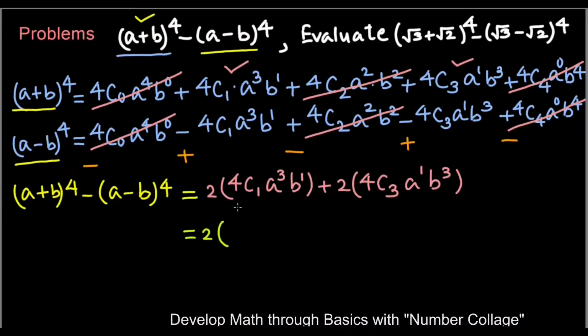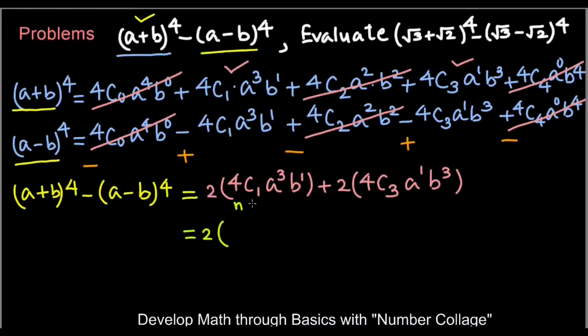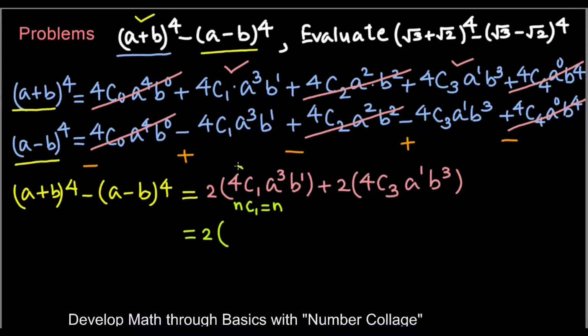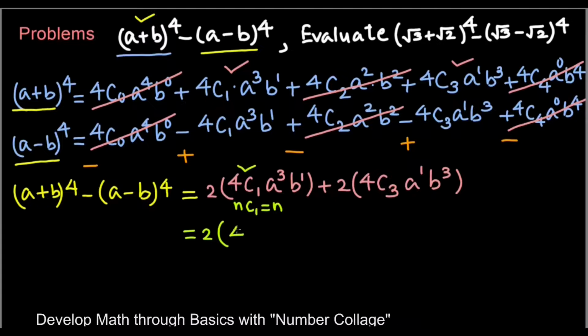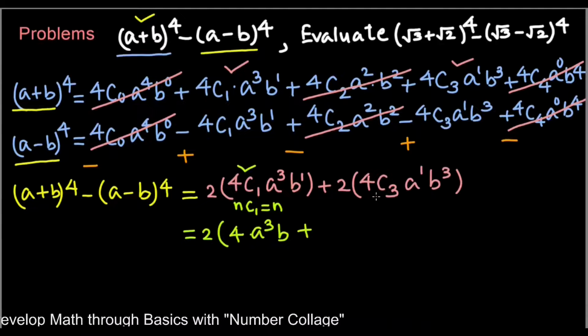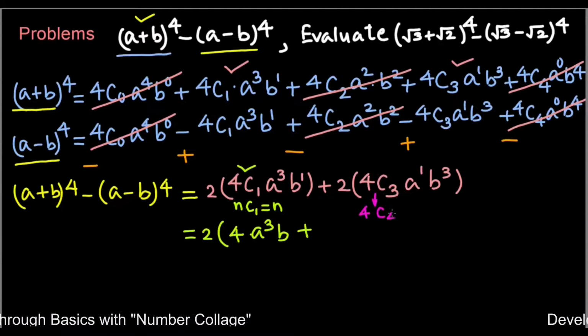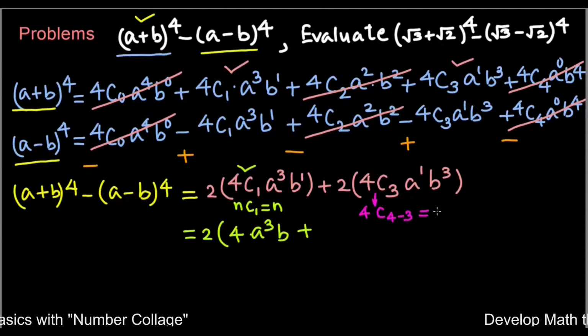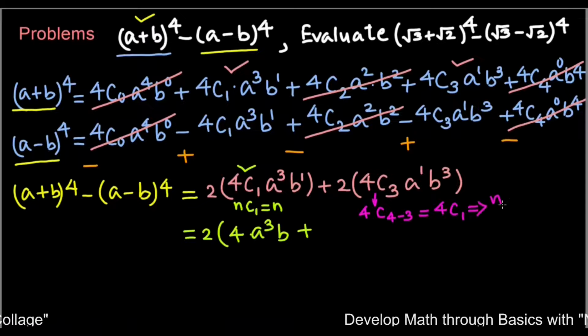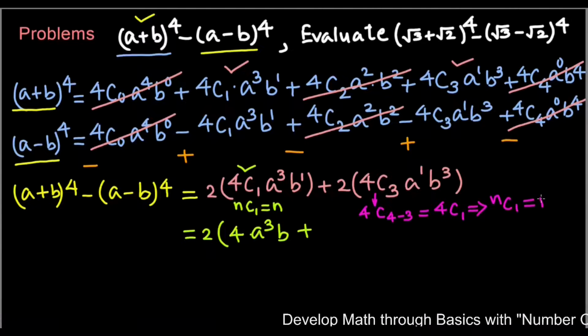Now this 4C1 is similar to nC1, which we know is n. So 4C1 will be 4 a^3 b, plus, now we know that this 4C3 is the same as 4C(4 − 3), that will be 4C1, which is similar to nC1, which we know is n.